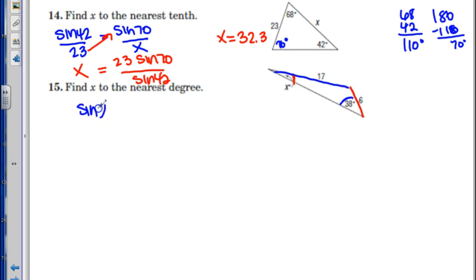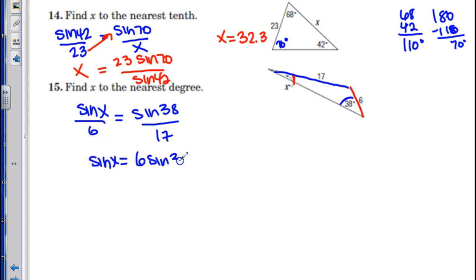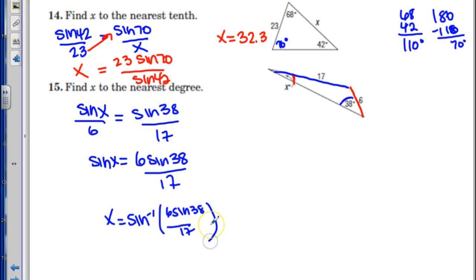So sine x over 6 equals sine 38 over 17. So sine x is equal to 6 sine 38 over 17. Pop that on the calculator. Remember, we're going to use inverse sine on this. So I have sine inverse of 6 sine 38 divided by 17.